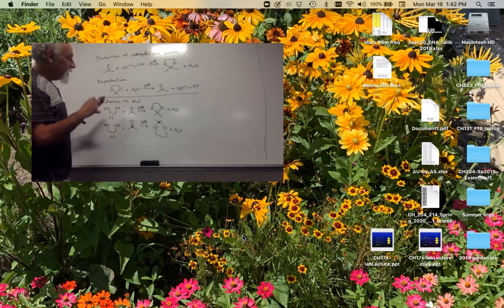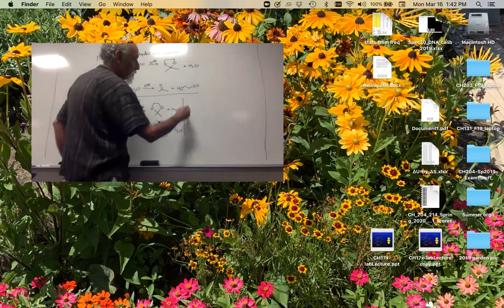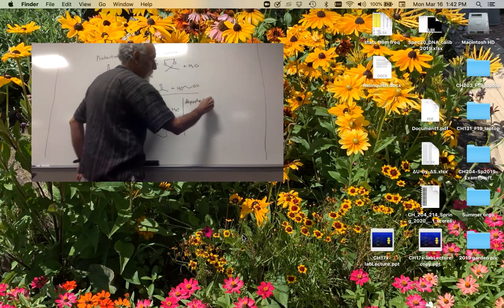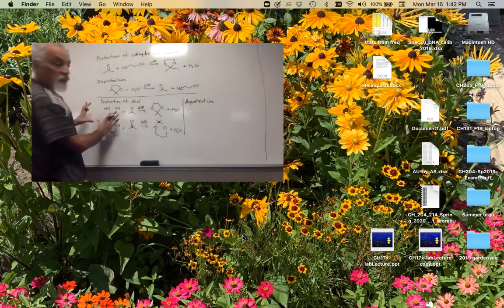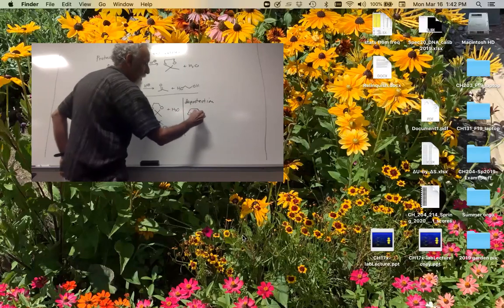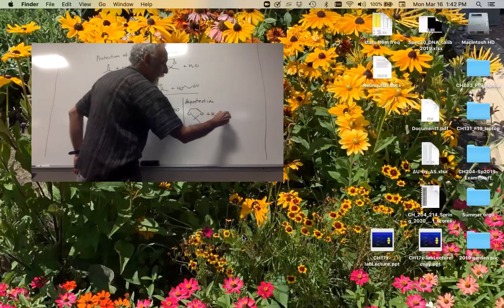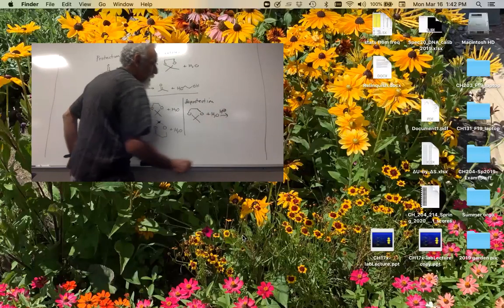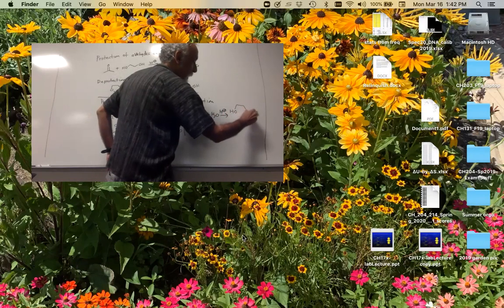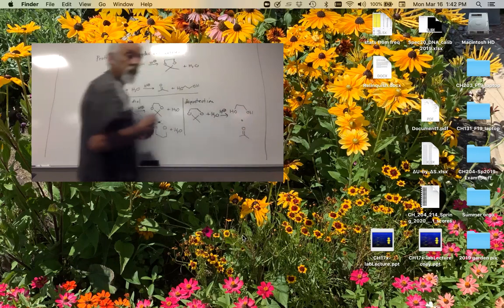Okay, and now deprotection, because I've kind of run out of room, let's just write it over here. Deprotection would just be the reverse. You have the protected acetal, add water to it, add acid to it, and the diol will be regenerated, as will the protecting ketone, right?